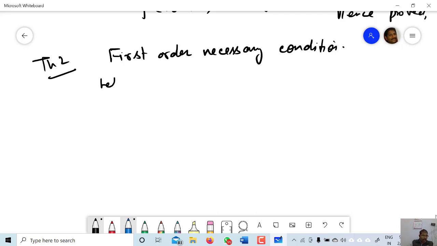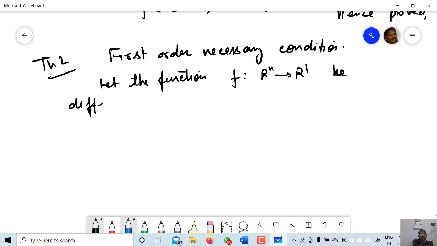The theorem is saying that let the function f from R to the power n to R1 be differentiable at x0.